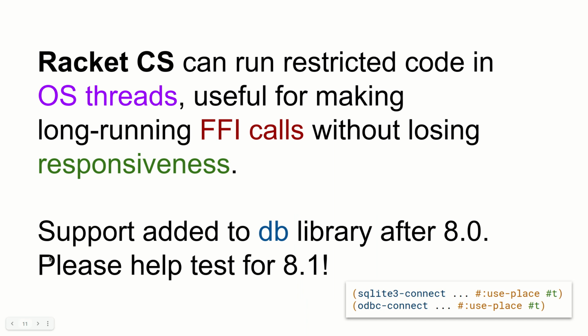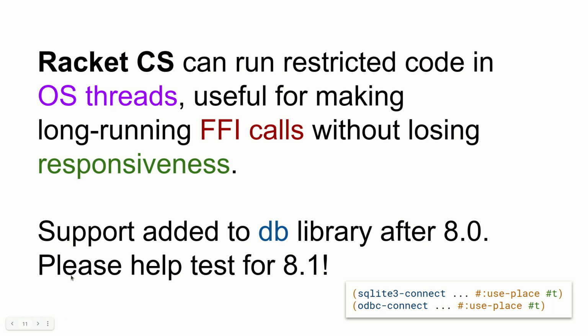So in summary, Racket CS gives us this new feature where we can run restricted kinds of Racket code in OS threads, and this helps us solve the responsiveness issue with FFI-based database connections with lower overhead than the previous solution.